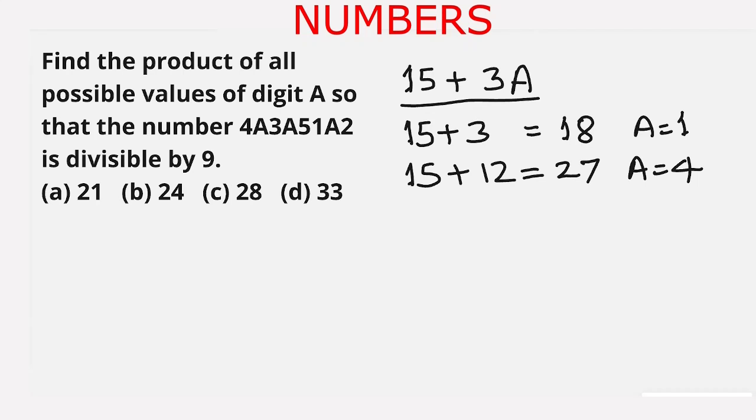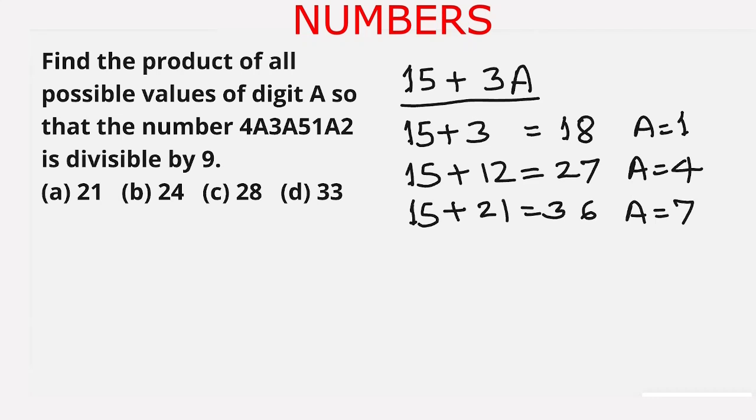And if we put A equal to 7, then 7 times 3 is 21, and 21 plus 15 is 36, which is divisible by 9. That is, 15 plus 21 is 36. This is divisible by 9, and here the value of A is 7.